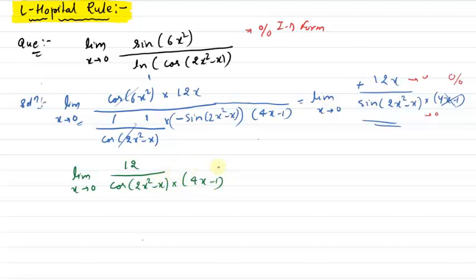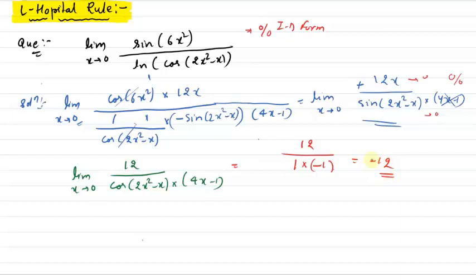Okay, now let's apply the value of the limit. We get 12 divided by cos of 0, which is 1, into 4 into 0, which is 0, minus 1. This will give you minus 1. So finally the answer will come out to be minus 12.